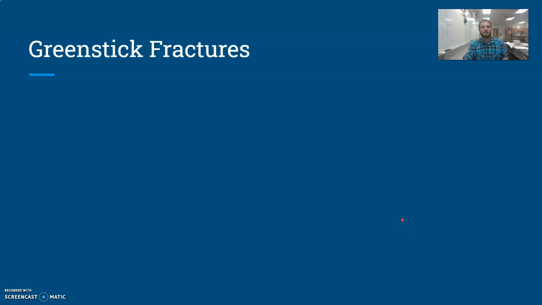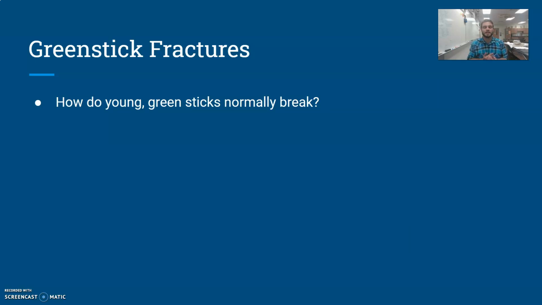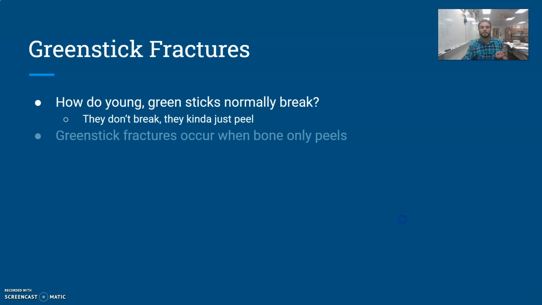The first type of fracture we'll look at is a green stick fracture. It gets its name from the way that young green sticks normally break. If you've ever tried to do that in the spring, in reality, they don't really break. They kind of snap partway through, and then they start to peel. Green stick fractures are the same way. The bone will snap a little bit, and then the bone will start to peel.